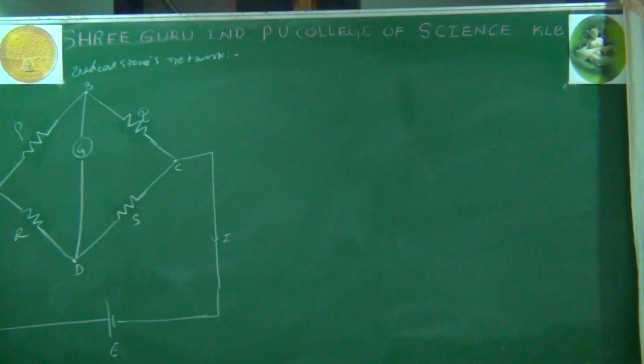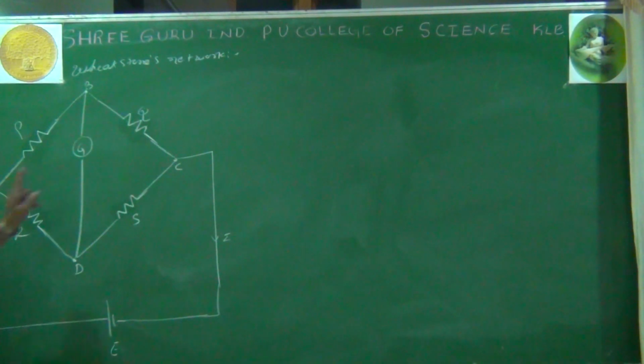Now this A, B, C, D is a quadrilateral. I is the main current in the circuit.